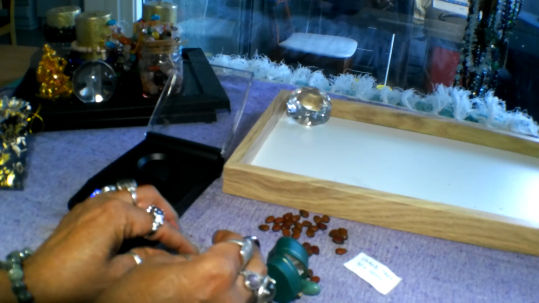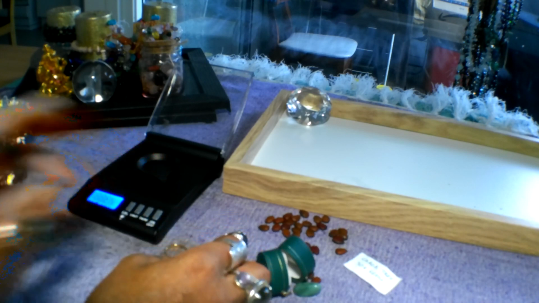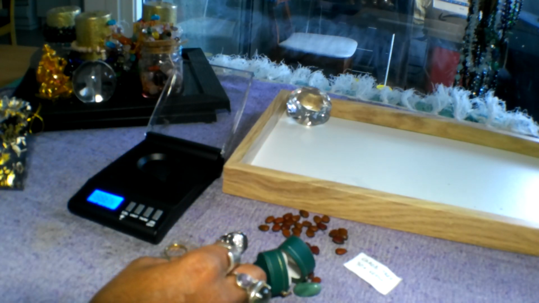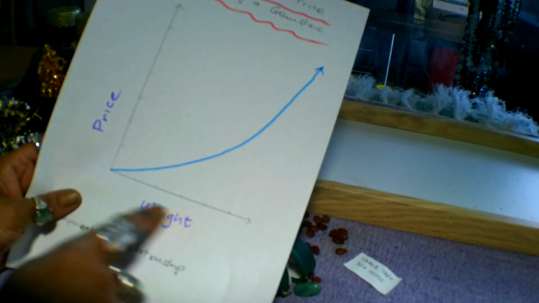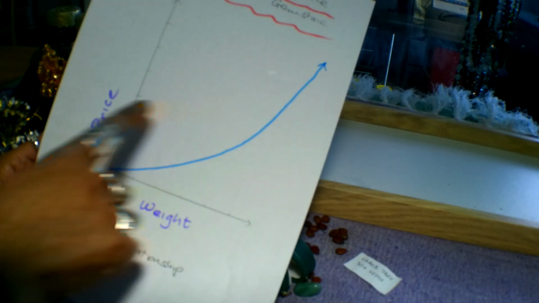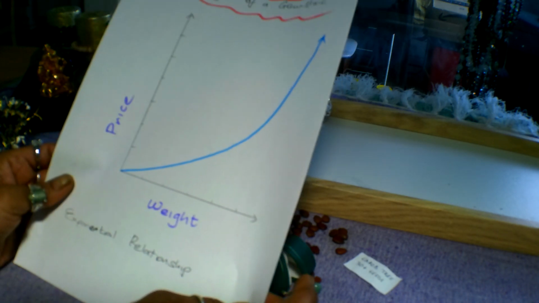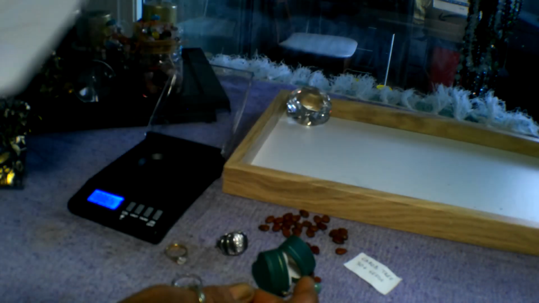So that is something you need to keep in mind when you are buying jewelry, that the size of the stone does matter when you're evaluating or purchasing a gemstone, and that this graph, where the price is hiking with the weight or the size of the stone, shows a very important relationship that exists, and one to take note of.